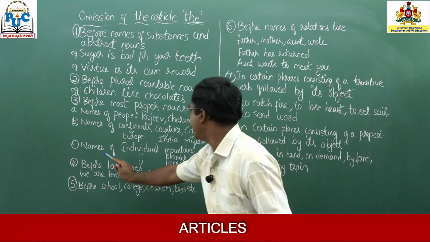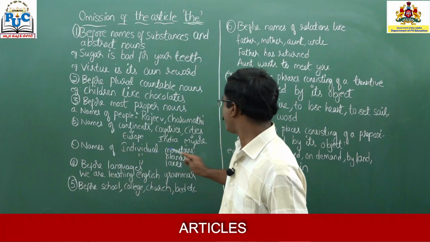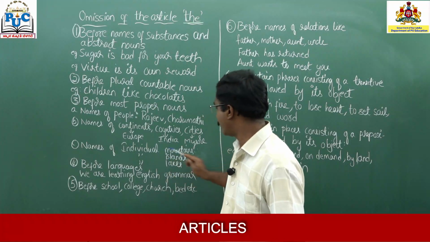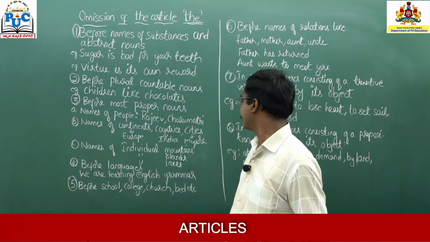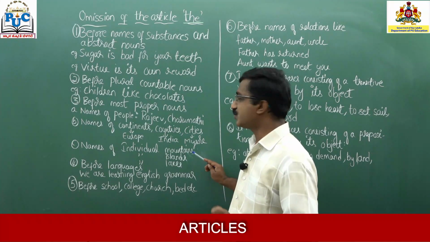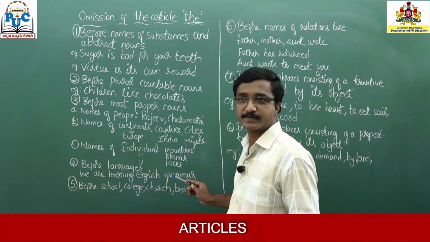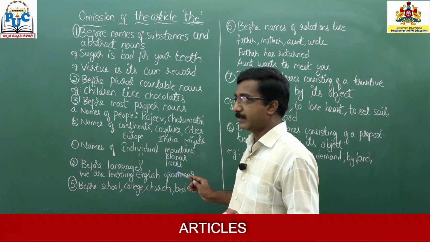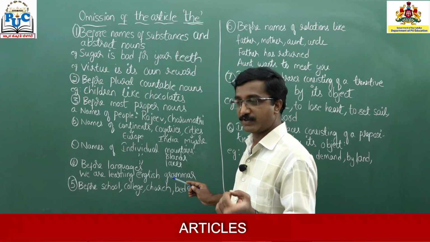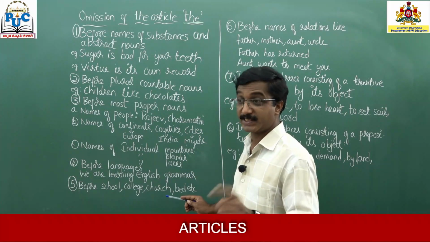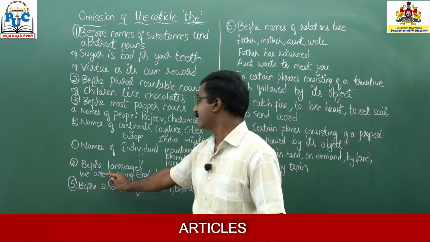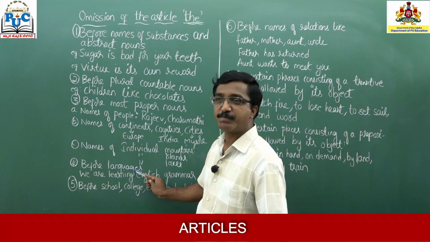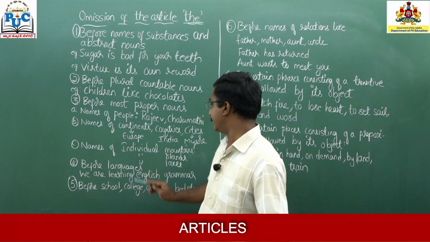The next, names of individual mountains, individual islands, individual lakes. For example, Mount Everest. See, in usage, we have spoken about the Himalayas, the Alps. Okay. Next, before languages, we are not supposed to use "the".